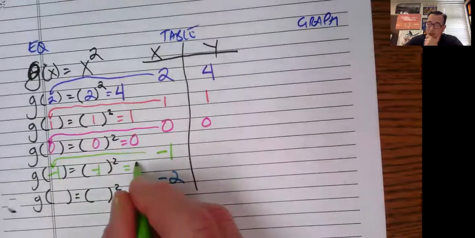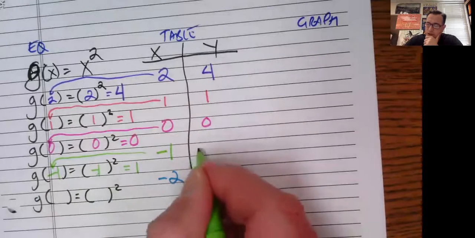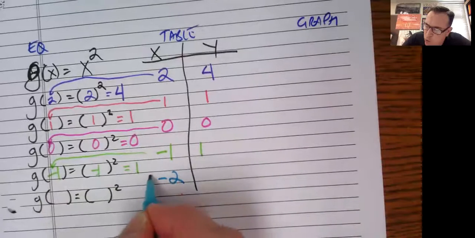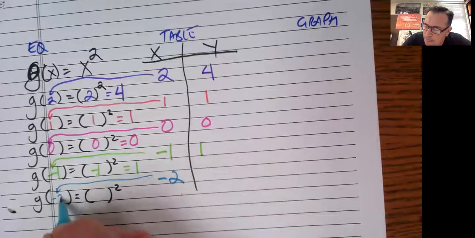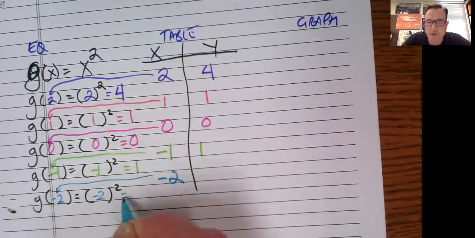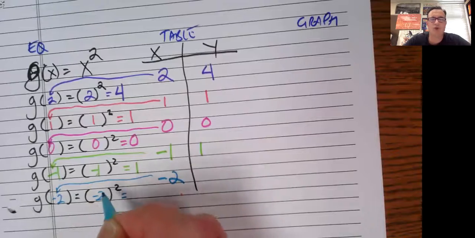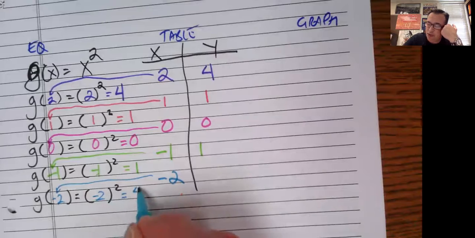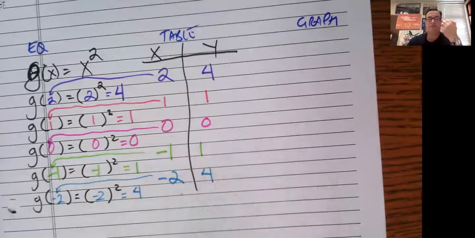It is a +1 as an answer. So that's what I'm going to get out for this one. And then we'll do the last one here with the -2. And what we have to remember is if it's -2 times -2, a negative times a negative is a positive. So -2 times -2 is going to give me a +4.